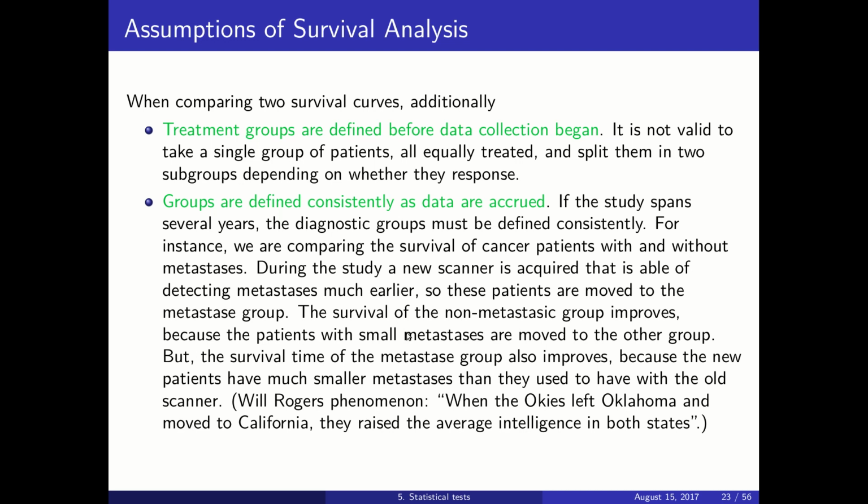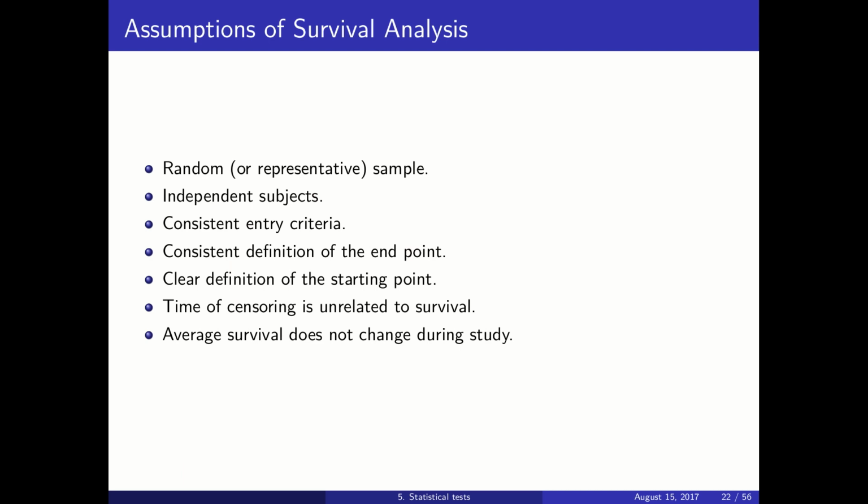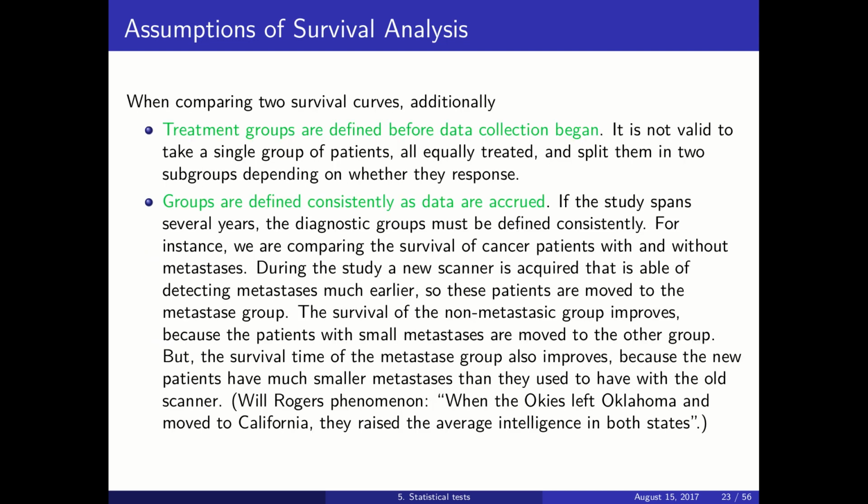This would be an example where the probability of the event occurring has changed over time, and one of the assumptions is that it doesn't change over time, or at least that there is a constant relationship between the instantaneous probability, the hazard, at every time.